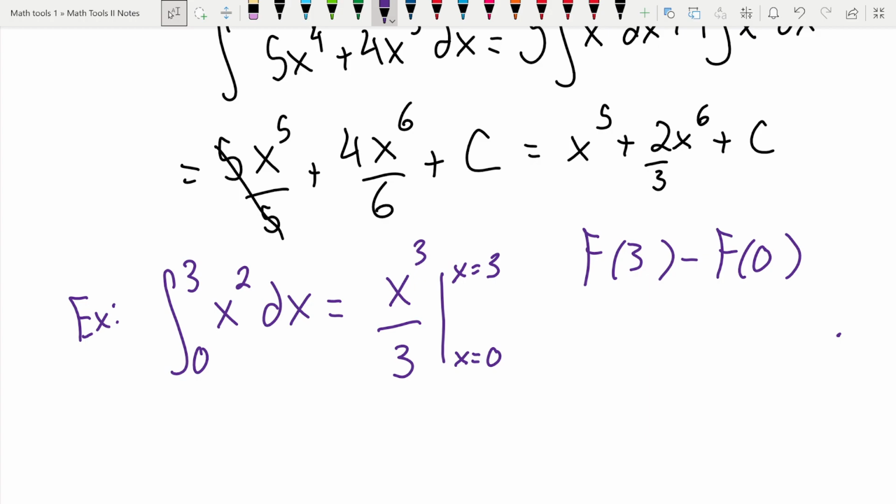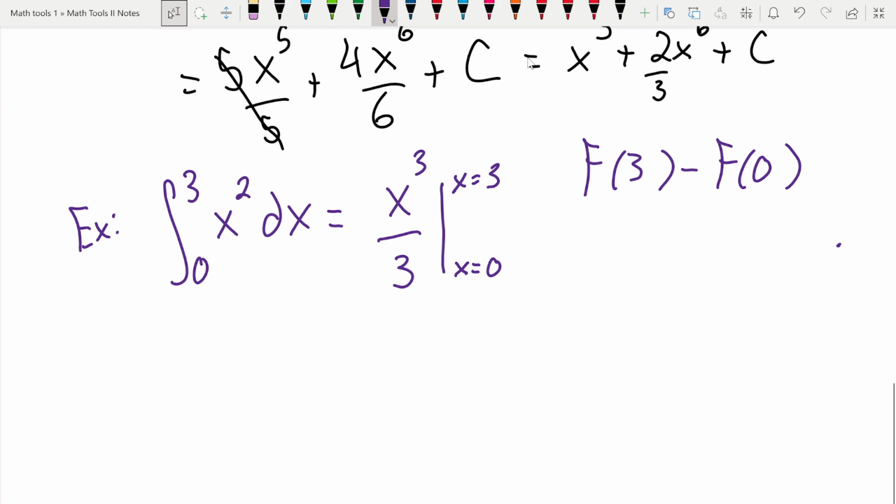So this is going to be equal to this when x equals 3, so 3 cubed over 3, minus this when x equals 0, so 0 cubed over 3. Again, that's from the fundamental theorem of calculus right here. So the antiderivative at 3, which is this part, minus the antiderivative at 0, which is this part. So 3 cubed is 27, divided by 3 is 9, and this part is just 0, so we just get 9.